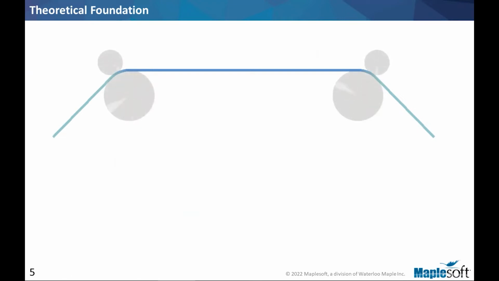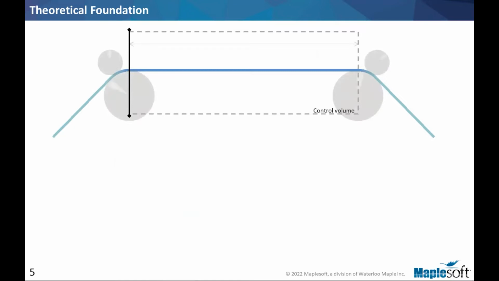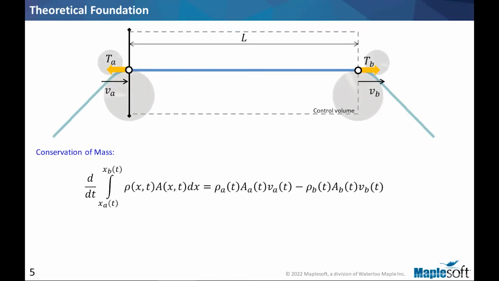The basic approach to capturing the web dynamics would be to designate a control volume for our web span. The control volume is defined by the incoming tension and outgoing tension, the velocity of the web coming in, and the velocity going out.